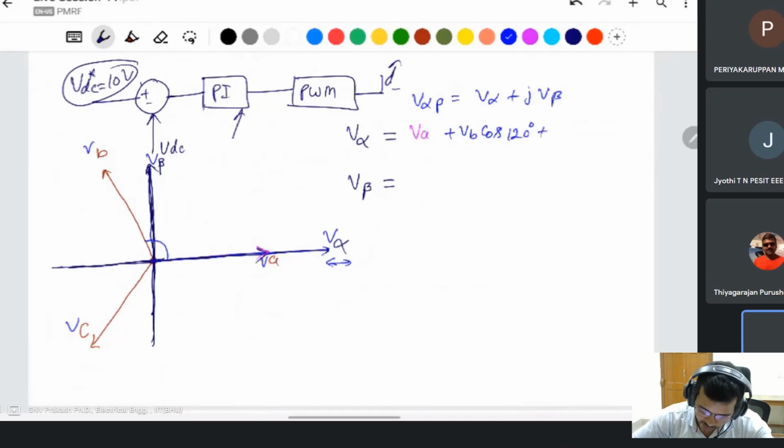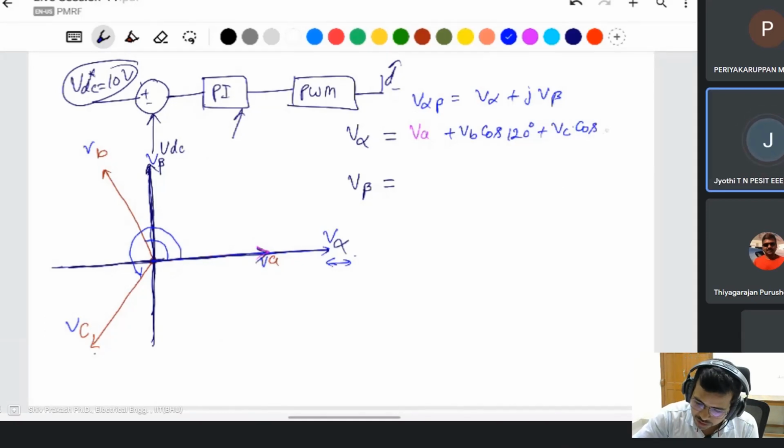Same thing, if you want to calculate the effect of VC on V alpha, then apply VC times cos of the angle of this one. Always measure the angle anti-clockwise only. If you measure in the clockwise direction, then take a negative value. Then this will be cos of 240 degrees.